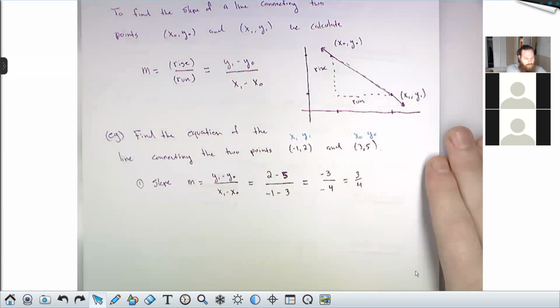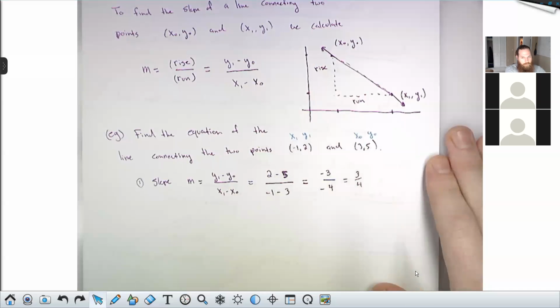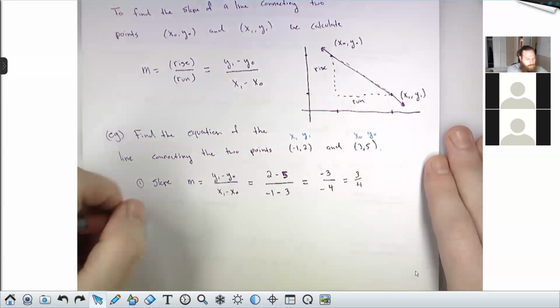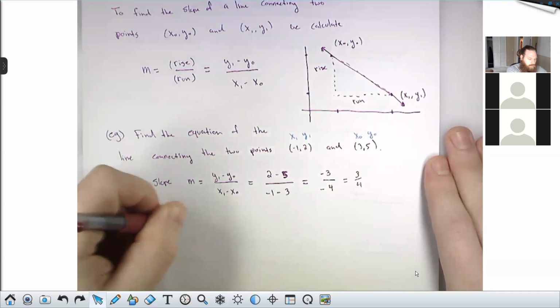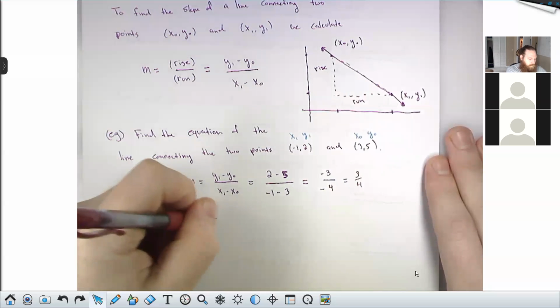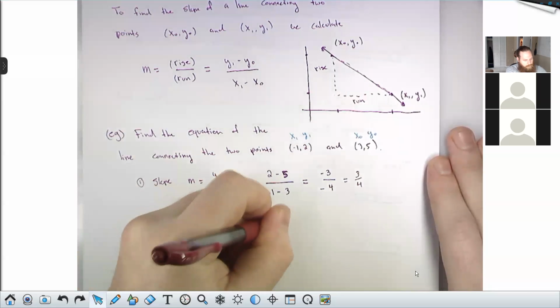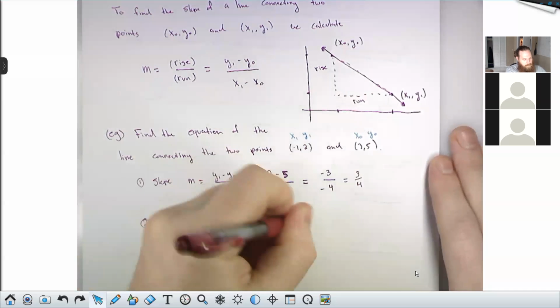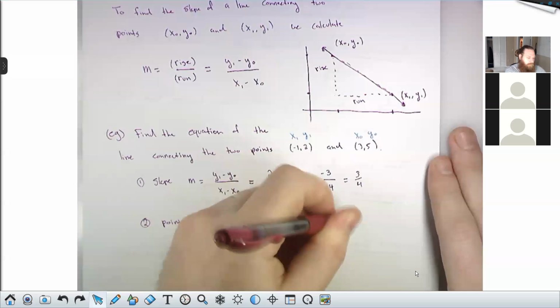And now I have some choices. You'll notice I don't know the y-intercept, right? The y-intercept is not immediately obvious from the problem. So the best way to proceed from here would be to use the point slope formula. And that's that equation that I gave us on the previous page, y minus y0 equals m times x minus x0.